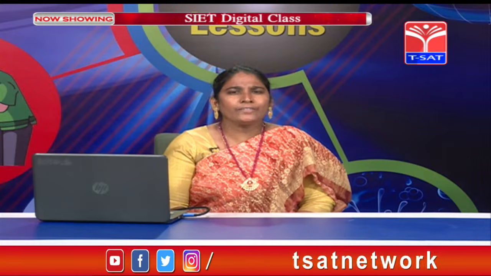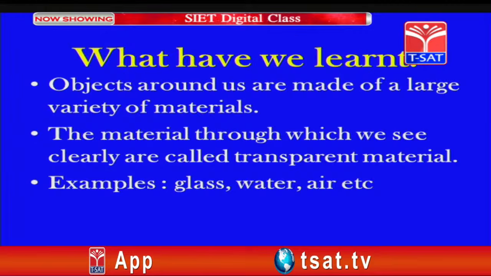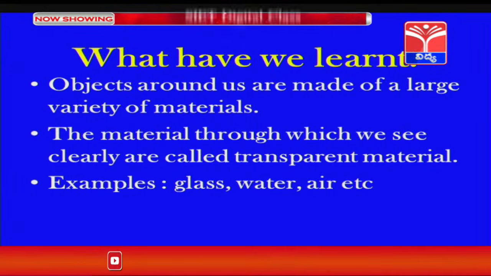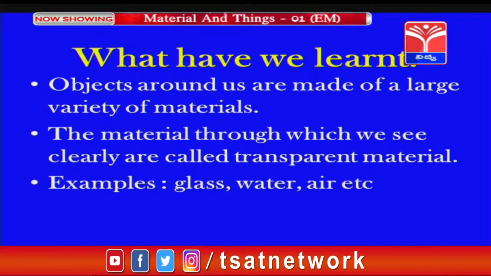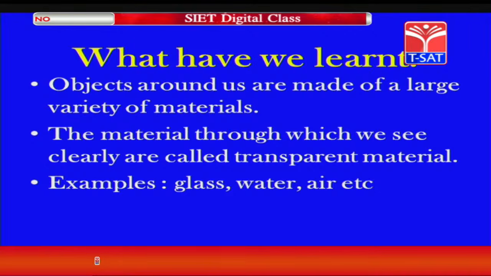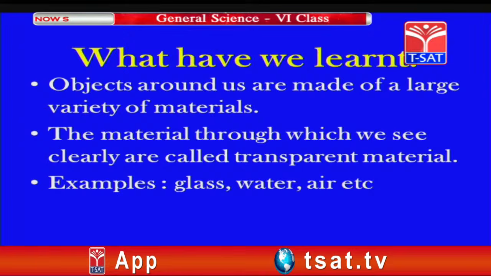Yes. So, children, we have learned some of the properties of materials and things, and some other properties we will be studying in the next class. So, shall we recall what we have learned in this lesson? Yes. Objects around us are made of a large variety of materials. The materials through which we see clearly are called transparent materials: glass, water, air.